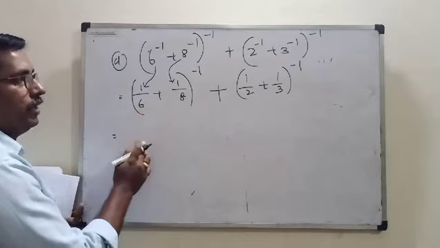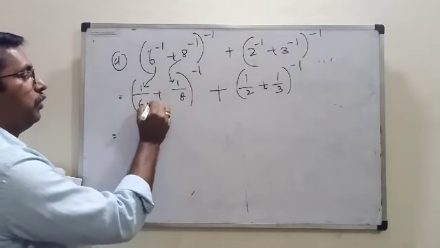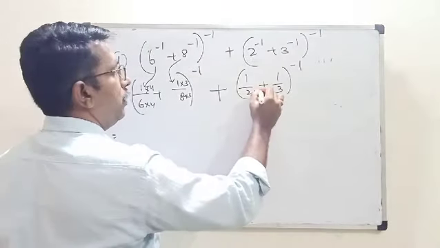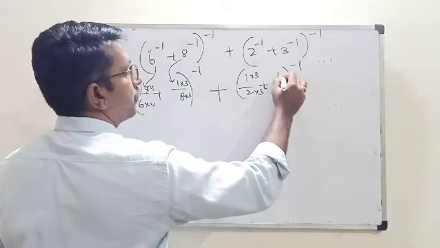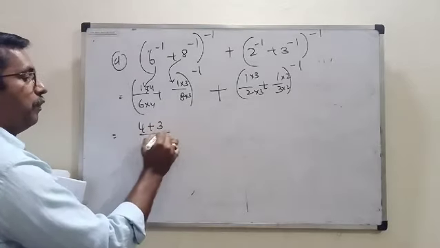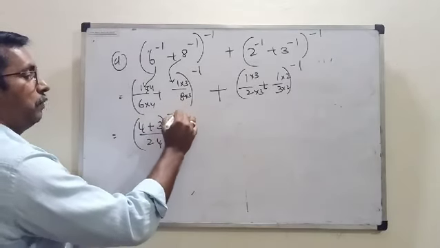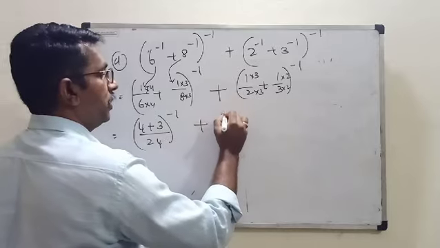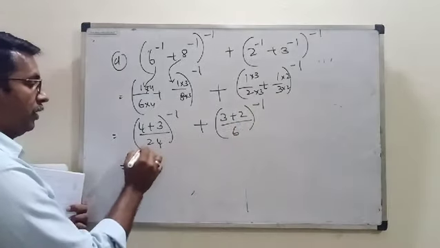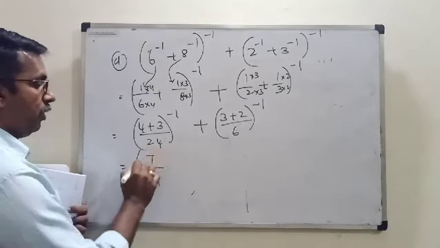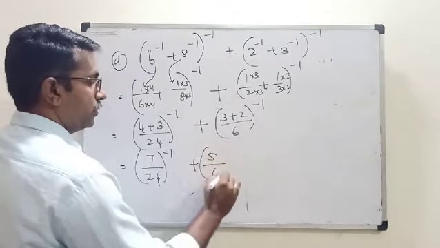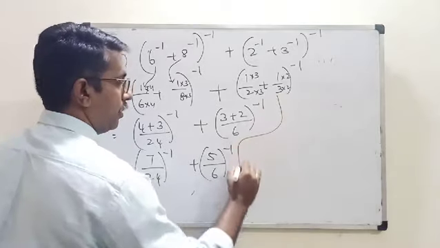So here what to do? LCM. What is the LCM? 24. So into 4 into 4 into 3 into 3 into 3, LCM 6. So what is the answer? 4 plus 3 upon 24 to the power minus 1 plus 3 plus 2 upon 6 to the power minus 1. 7 upon 24 to the power minus 1 plus 5 upon 6 to the power minus 1.